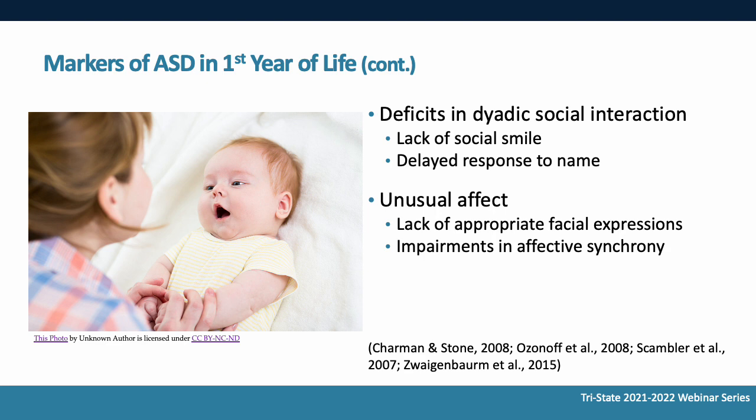And there tends to be, pretty strong predictor here, a delayed response to name that emerges after about the age of 9 months, when most typically developing children are orienting to the sound of their names. Unusual affect can be presented by some infants who have autism. You may see a sort of serious or flat facial expression, or a facial expression that doesn't really fit what's going on around the child. And that back and forth imitative emotional play might feel somewhat constricted or limited from the parent's perspective.